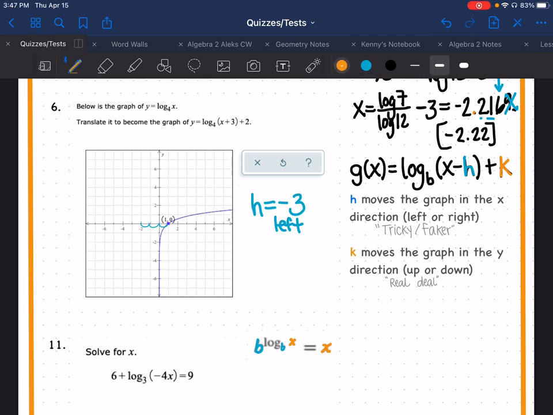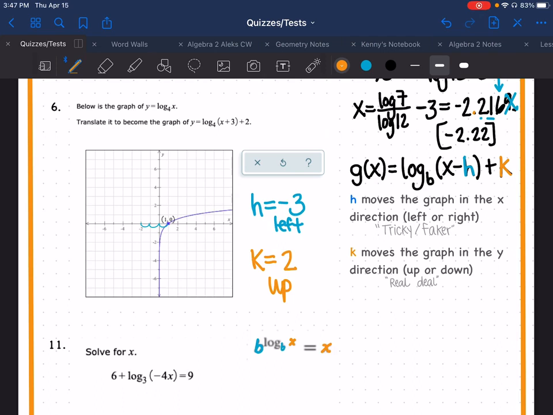But I'm not quite done because I have to do K. K is always going to be this number that is outside. Read what K says. K says it moves my graph in the Y direction, which is up or down. And K says he is the real deal. So when K looks like positive 2, K is positive 2, and my graph is going to move up.